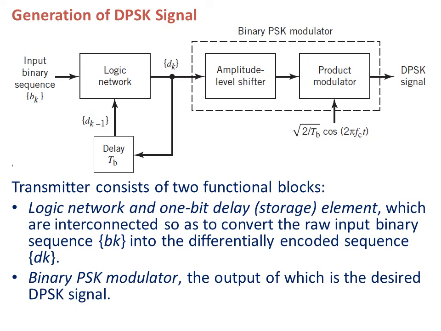That means if the encoded bit is 0, it is represented as minus A voltage level, and if it is 1, it is represented as plus A amplitude level. To this signal in the product modulator, a carrier is multiplied. That is a basis function with value square root of 2 by TB cos 2 pi FCT, and that produces the DPSK signal as shown in the figure.